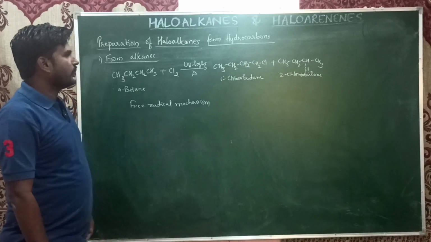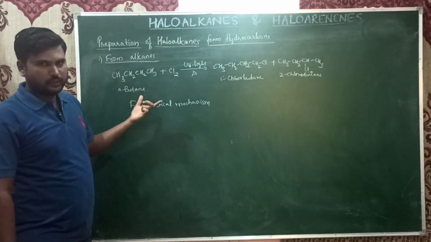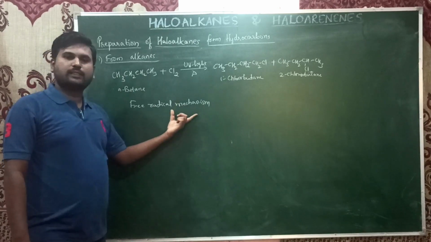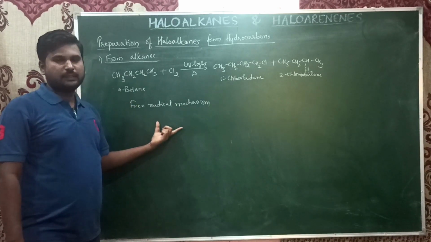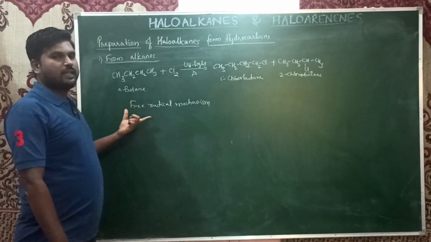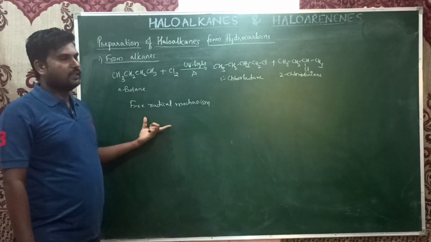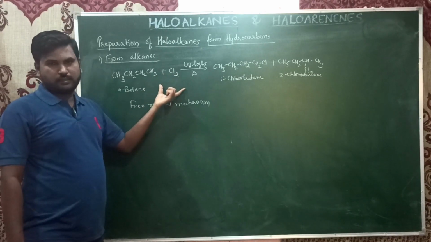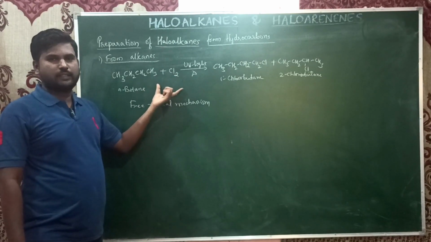This is not so important here, but it is very important in the NEET and CET, because they involve both years' syllabus. So please go through that. It follows three steps: initiation, propagation, and termination.